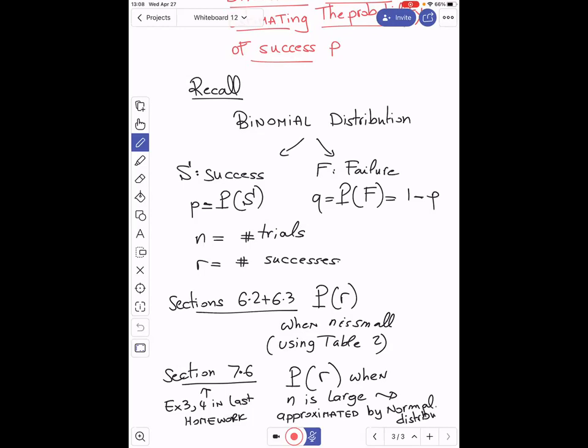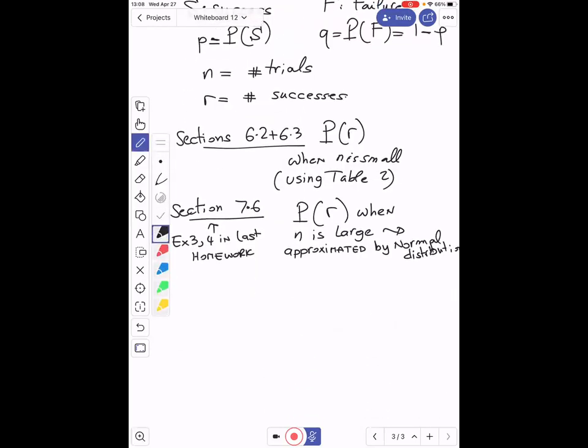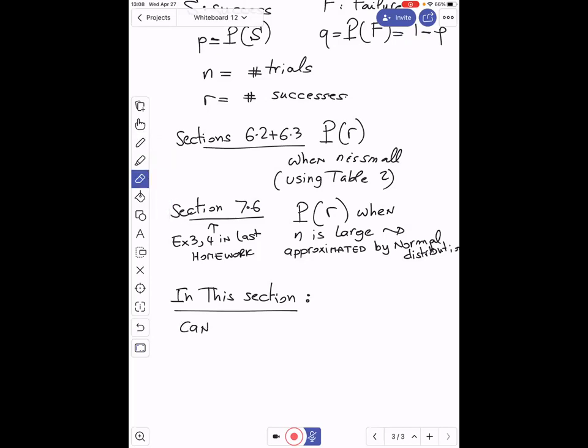Now, in this section 8.3, we're going to try to estimate the probability of success P. So the question is, what happens when P is unknown?